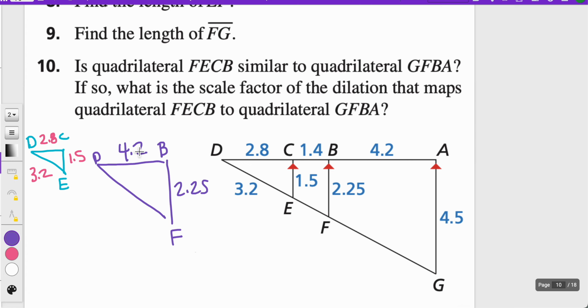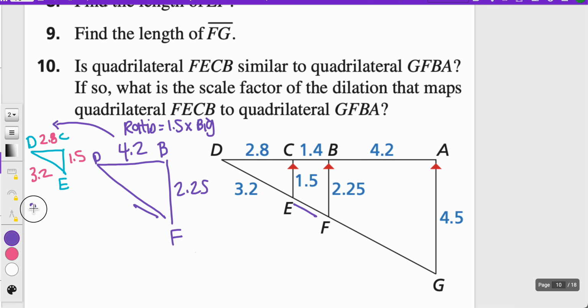So right now I'm going to try to find EF, which is this little piece here. So what I did first is I just decided what is my ratio going from the purple medium triangle to the teal smaller triangle. So I just did 4.2 divided by 2.8. So my ratio is 1.5 times bigger.